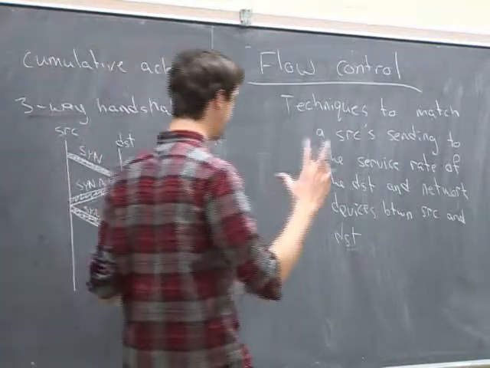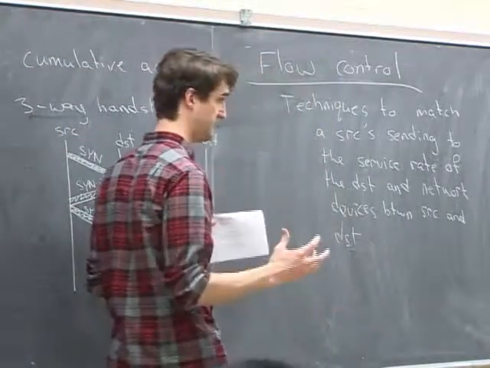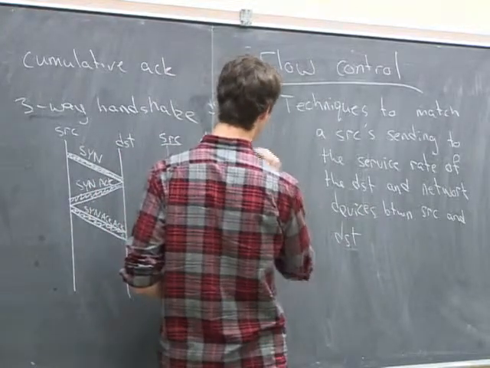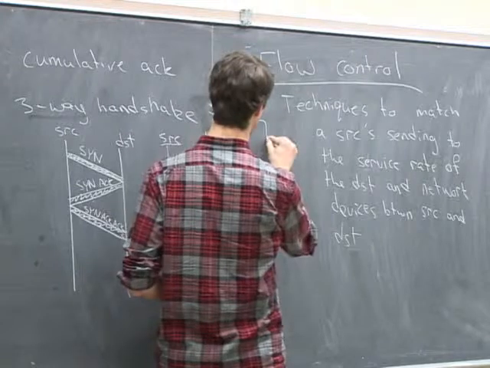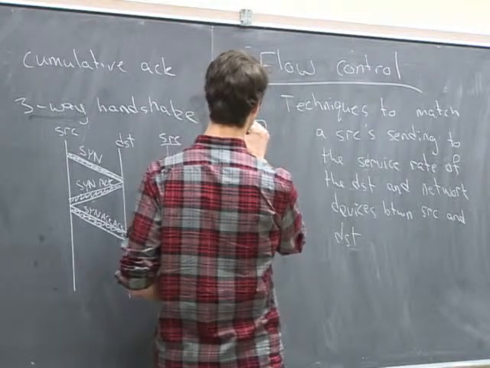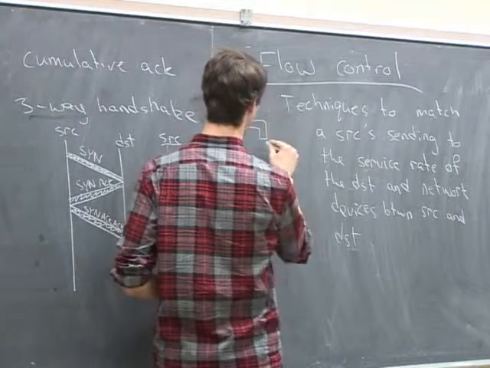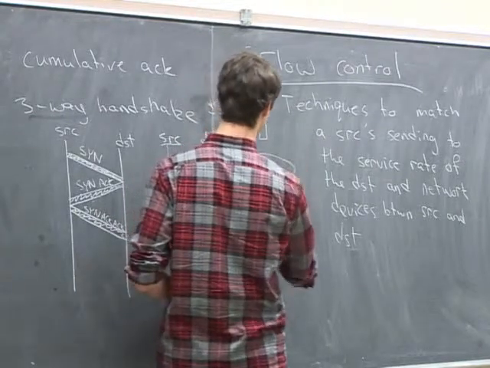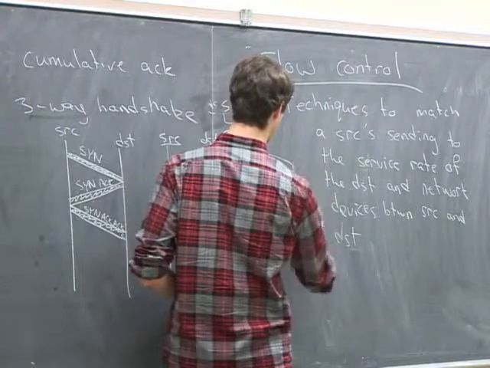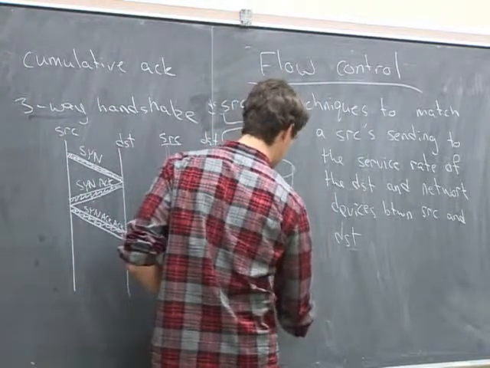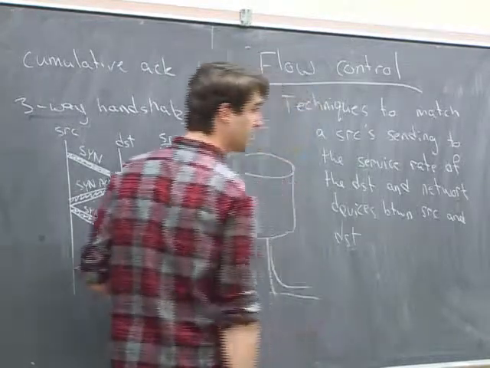Okay, so what this means is, let me give you another water analogy. You can think of our source as a faucet dripping water into this bucket here. And this bucket has a drain on the bottom that drains away some of the water.